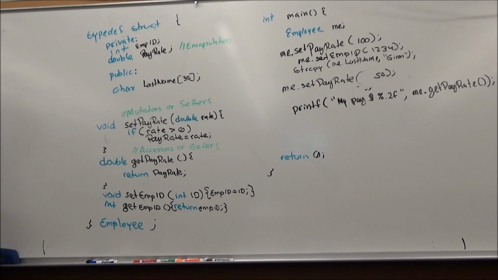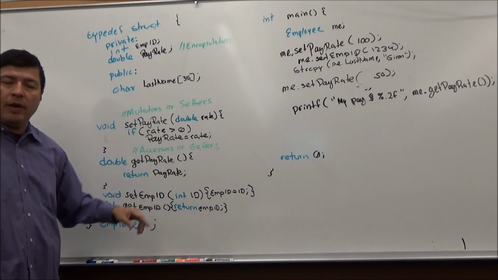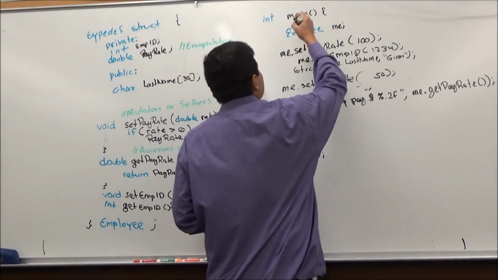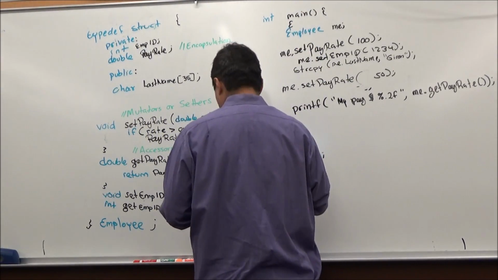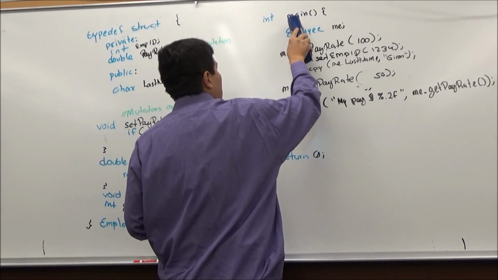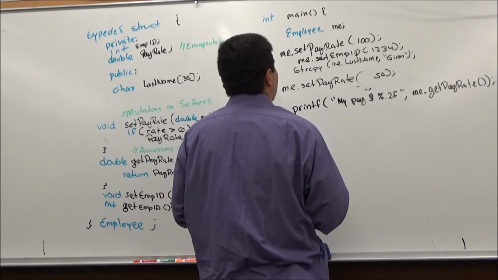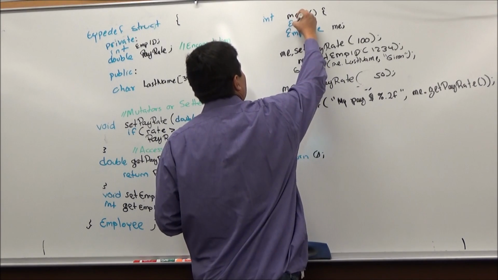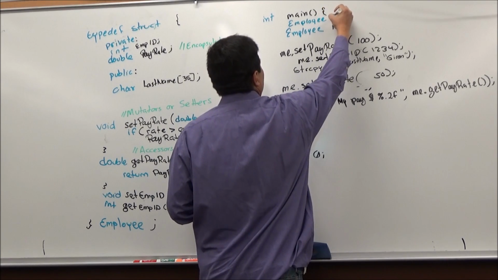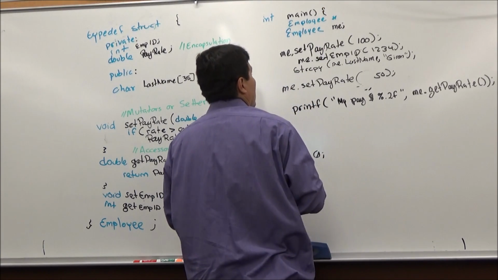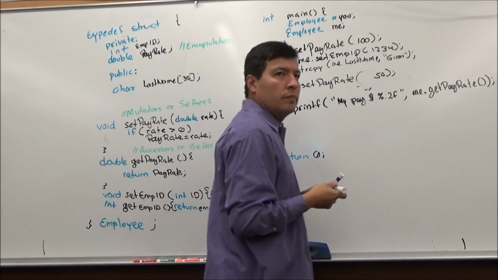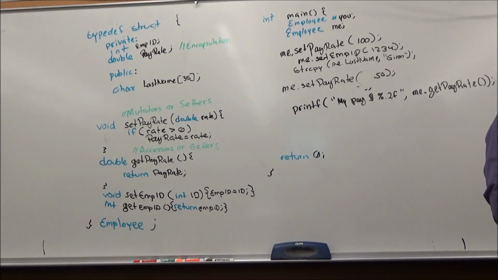Now imagine, because this is a variable type now, employee becomes a variable type. It means I can also declare a pointer to that. I'll say new. That's a pointer to an employee, like a pointer to an int.